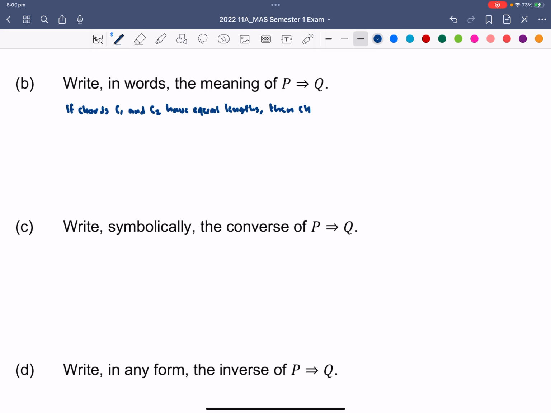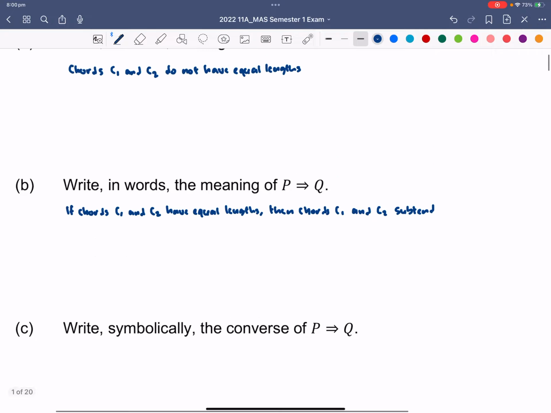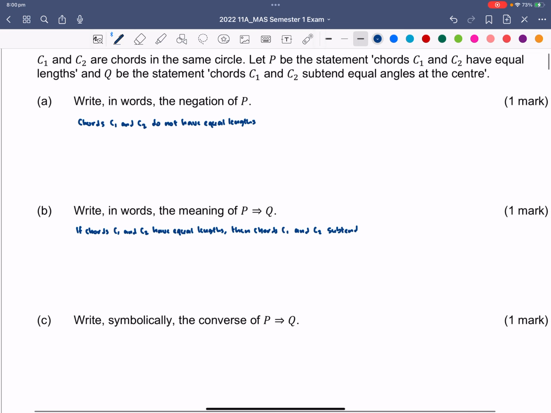So then chords C1 and C2 subtend. The exact word that they use is angles at the center. So they subtend equal angles at the center.